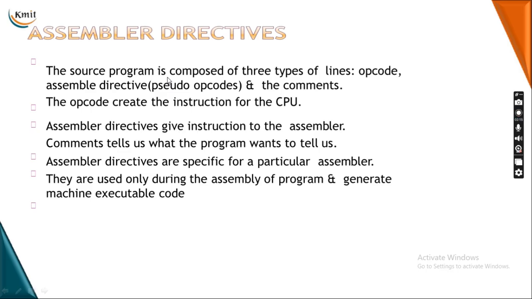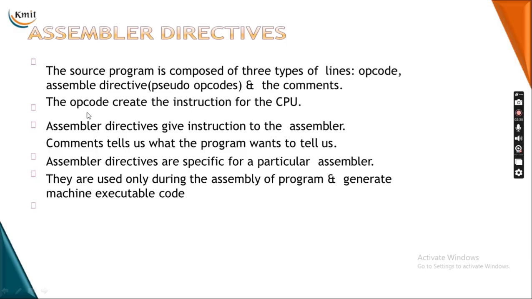First one is opcode. Second one is assembler directive, which the machine understands as pseudo opcodes, and the third is comments. The comments are helpful for the user to know what the instructions are doing.